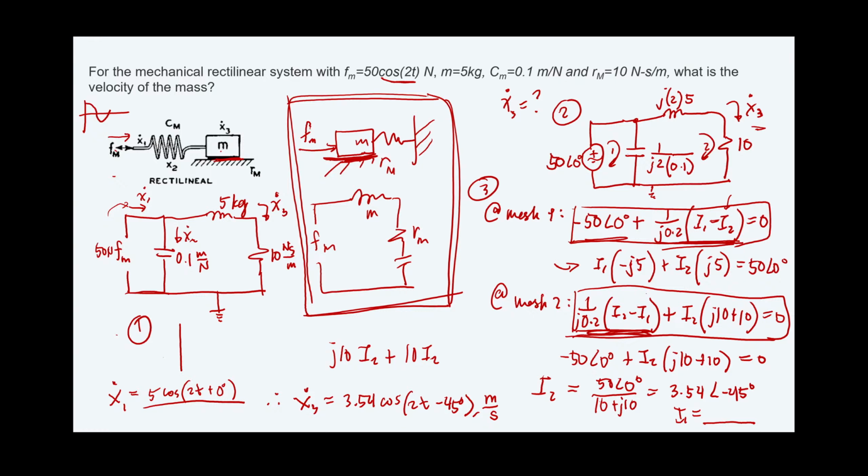Meaning your source, your x1 is from this position, and then x3 dot is delayed by 45 degrees.